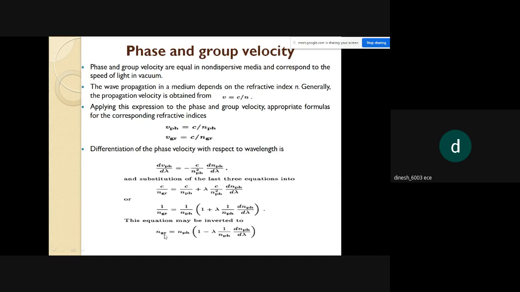So this equation can be otherwise written as this also. So the refractive index of the group velocity depends upon the refractive index of the phase velocity into 1 minus lambda into 1 by NPH into dNPH divided by d lambda. So this is an expression in terms of refractive index.